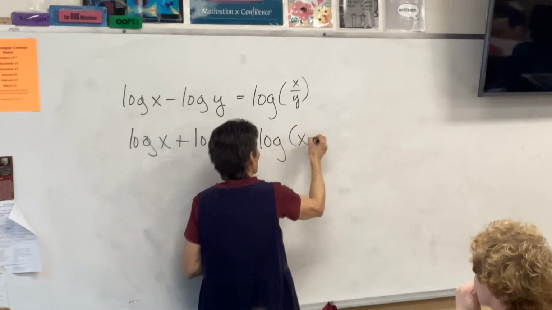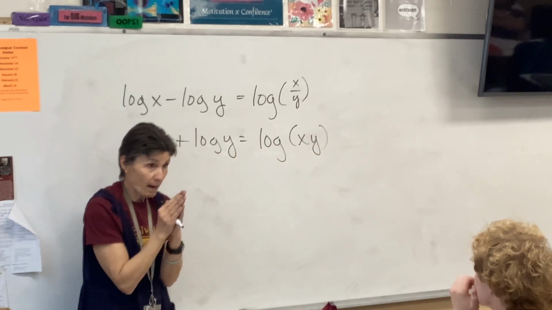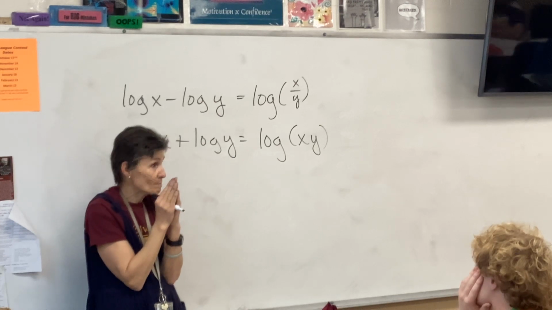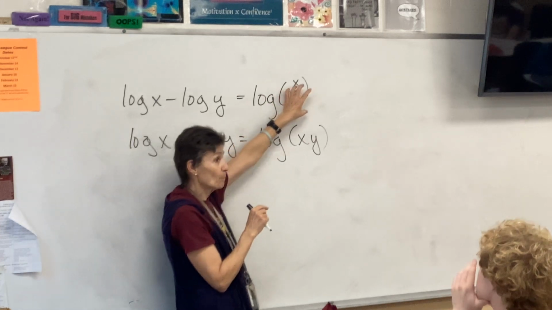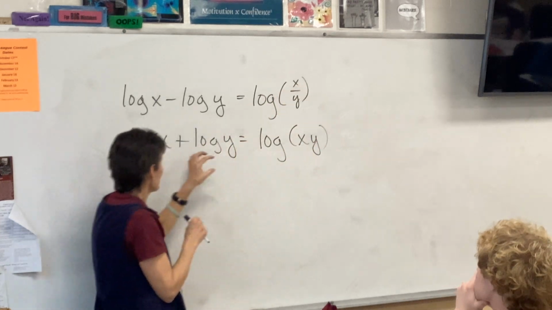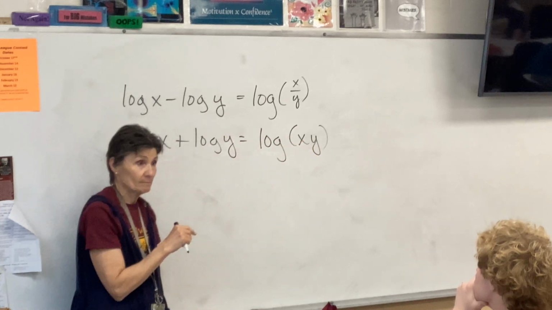Then two numbers would be multiplied. If your job is to put two logarithms together, if they've been subtracted, you put them together as a divide. If they've been added, you put them together as a multiply.